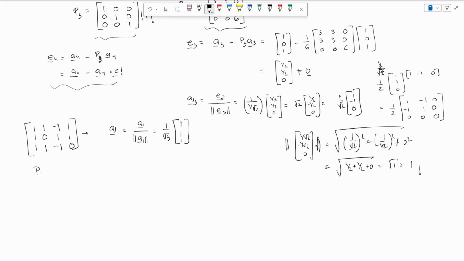Now we need to find the orthogonal projection matrix P1. What is P1? There'll be 1 by root 3 twice, so I can take that out. 1, 1, 1. It'll be the matrix of all ones. Now tell me what is E2. So from this we find out E2.